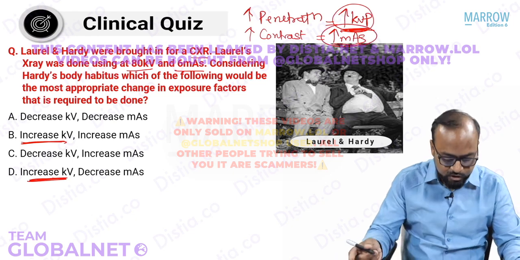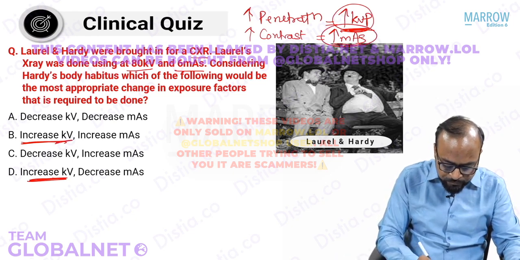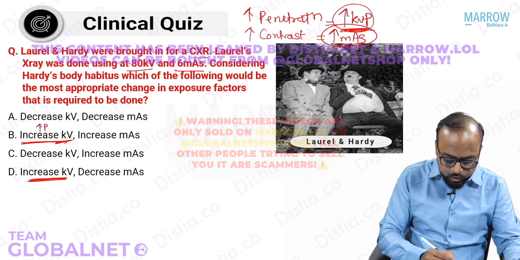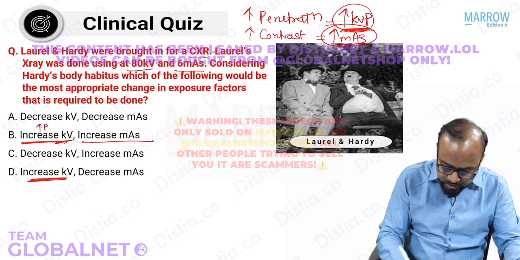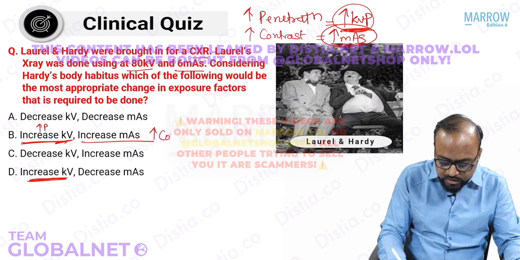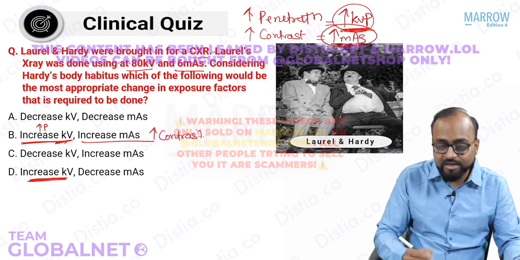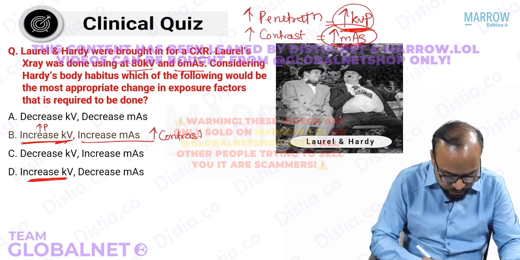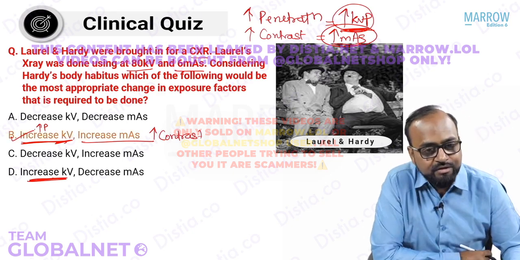So this is the best combination. We increase the kV to increase the penetration, and to compensate for the loss in contrast, we also increase the mAs. Hence the best answer in this particular question is B.